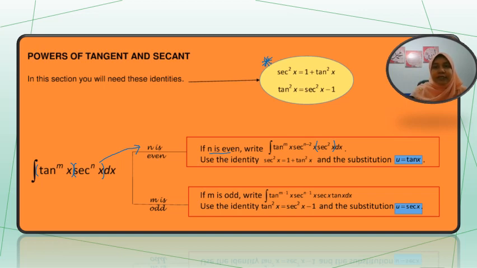Then use the identity secant square x equal to 1 plus tangent square x and substitute u equal to tangent x. We substitute u equal to tangent x because if we differentiate u with respect to x, we get du equal to secant square x dx. So we can substitute into this function.